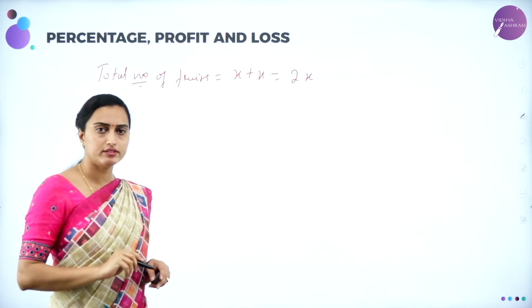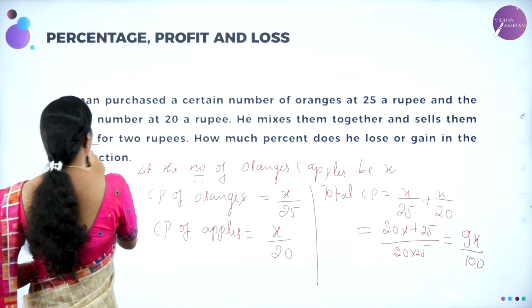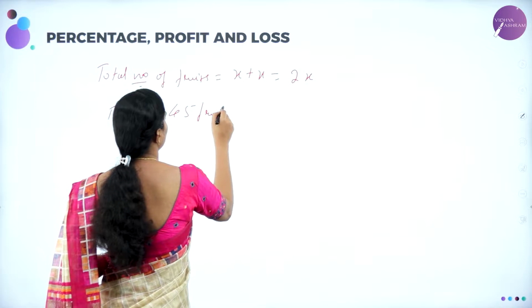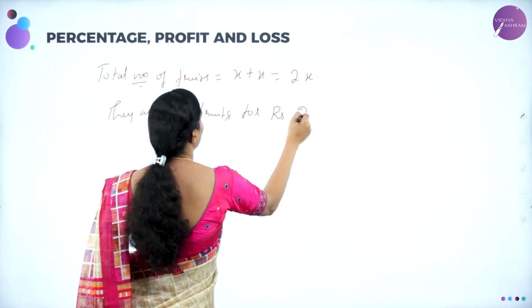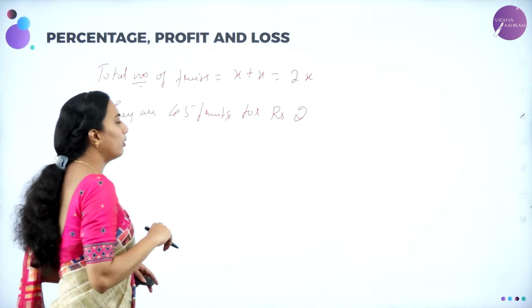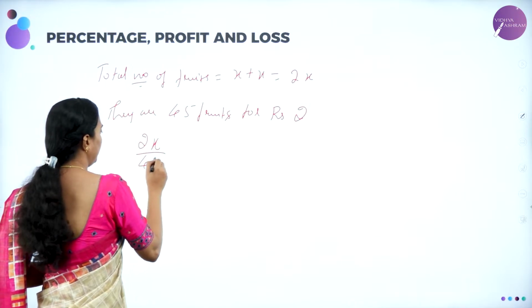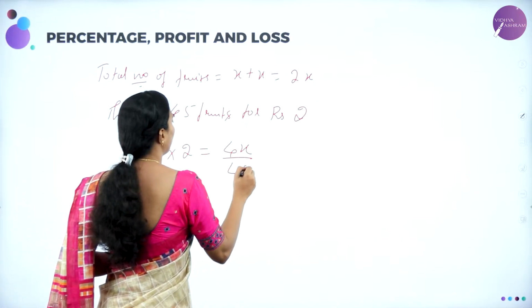Right, and then they are sold, what is that? See how many? 45 fruits for 2 rupees. So therefore you are going to have SP equal to 2X divided by 45 into 2, which is nothing but 4X divided by 45.